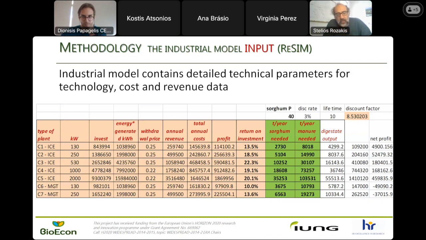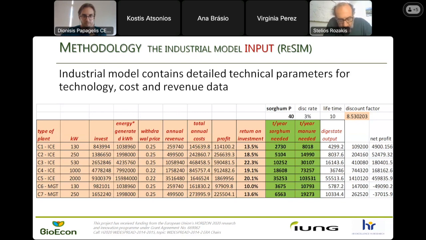So based on the price here, for illustration purposes, we calculated the return on investment. You see that the return on investment is not necessarily increasing by size. The optimal can be something in between, because in reality, the prices and support given by the legislation depend on the size.